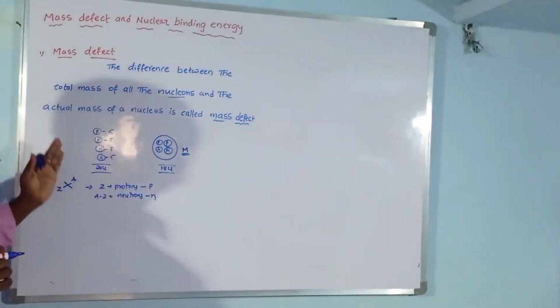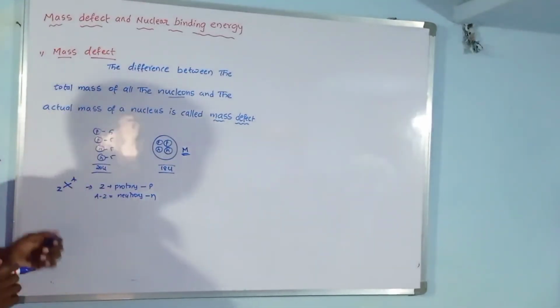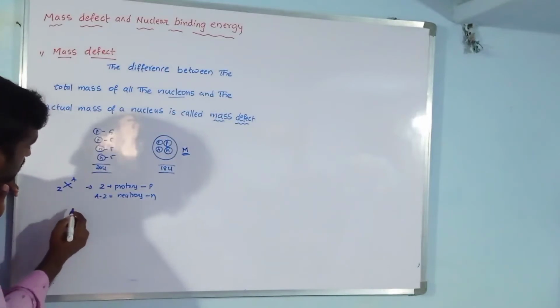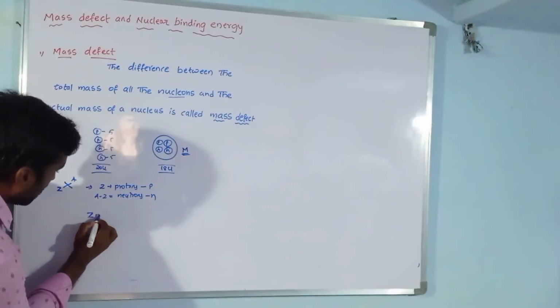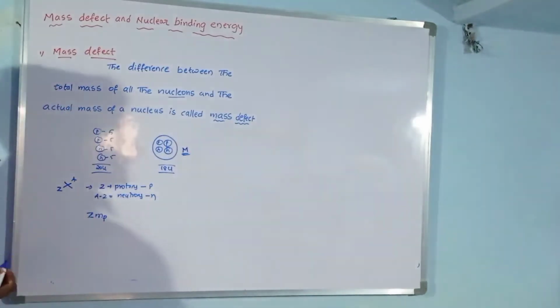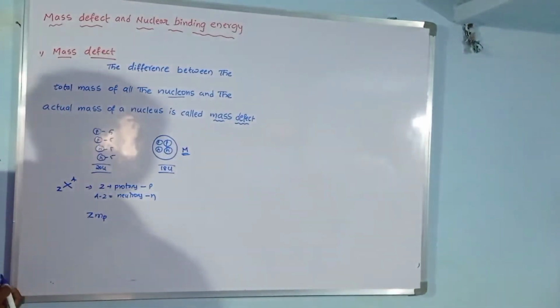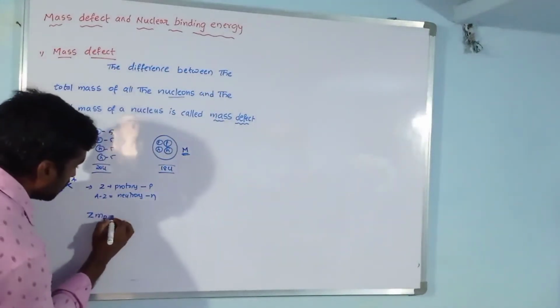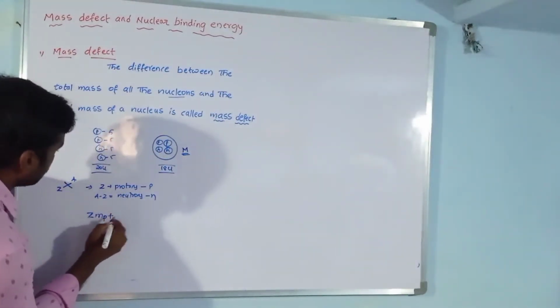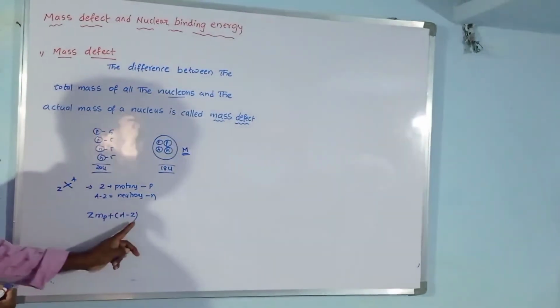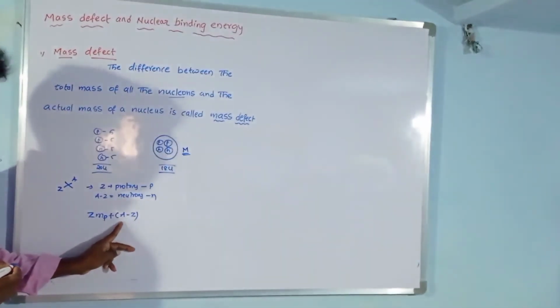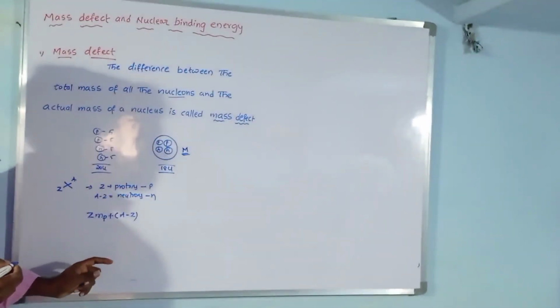Now what is the total mass of the nucleus? Suppose this element has Z number of protons. The mass of the proton is mp. So Z mp, where Z means the number of protons and mp means the mass of each proton, plus the mass of the neutrons. Neutron number means A minus Z. When we subtract the atomic number from the mass number, we get the neutron number of the nucleus.